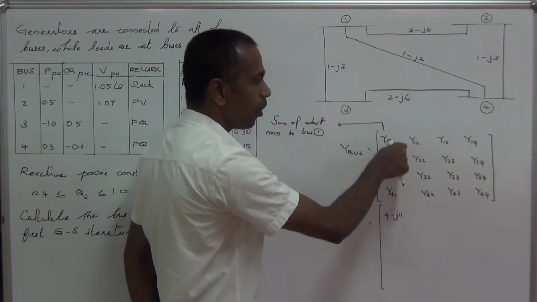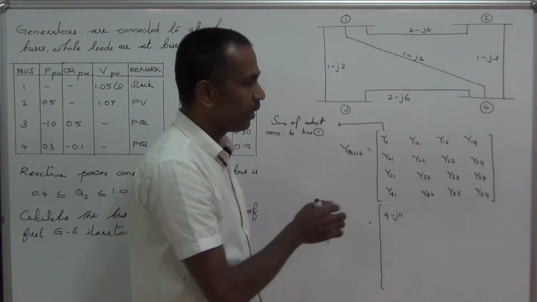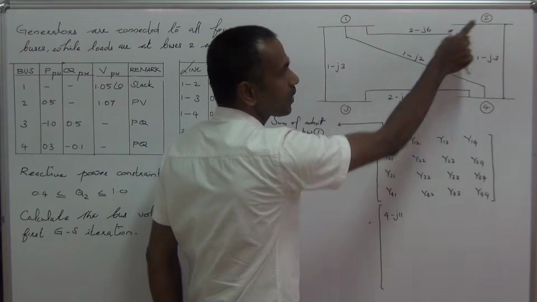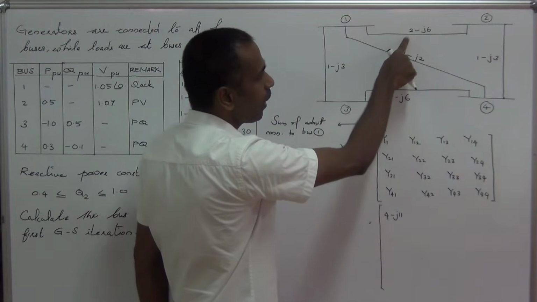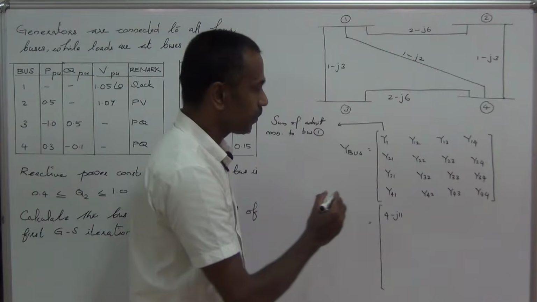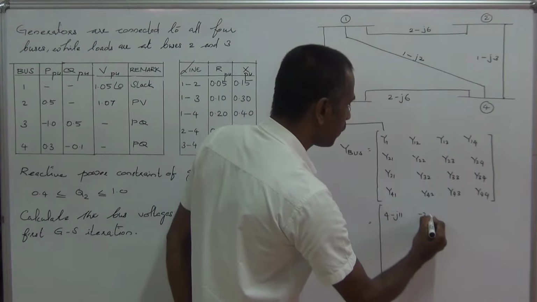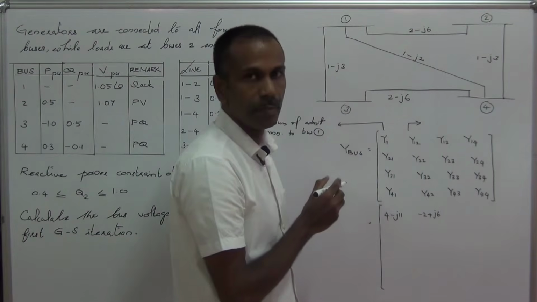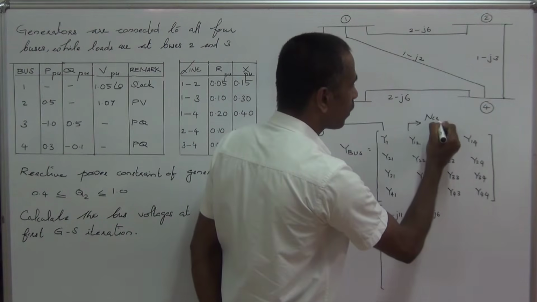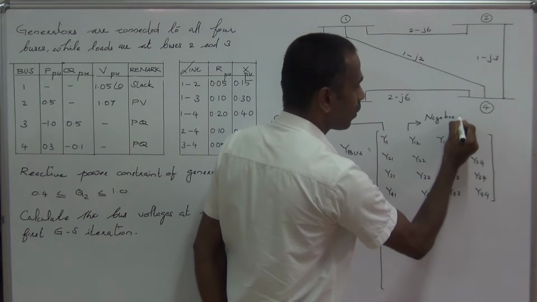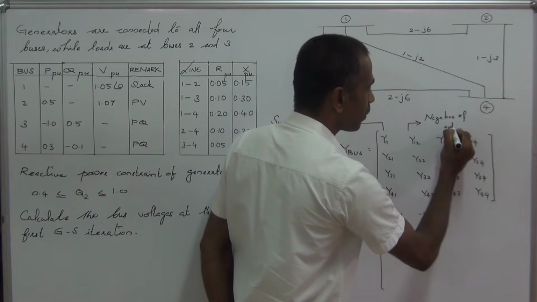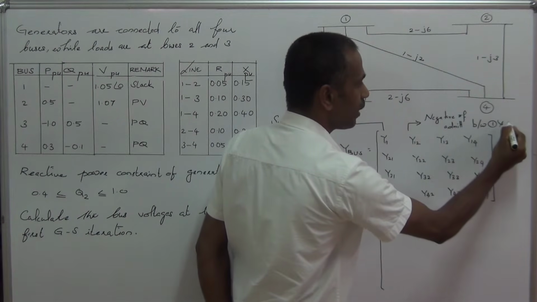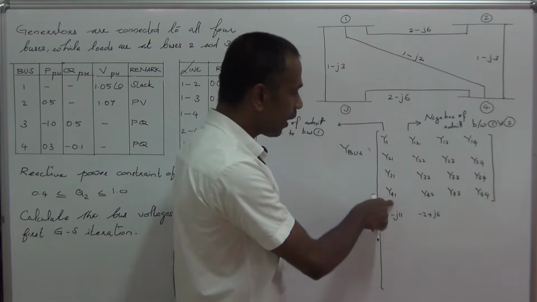Now let us find out the off-diagonal element Y12. This is the negative of the admittance connected between bus number 1 and bus number 2. So it is minus of 2 minus j6, so this is minus 2 plus j6. This is how we find out the off-diagonal element. What is Y41?